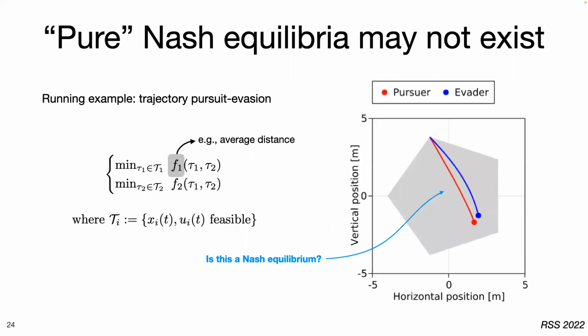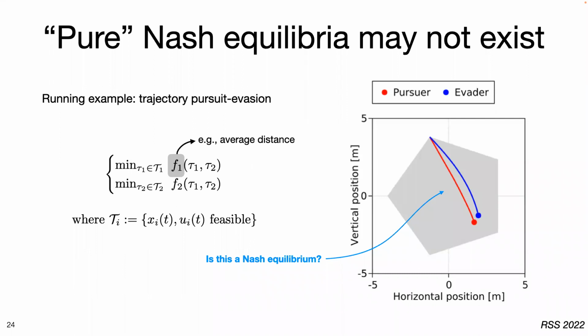Likewise, in these trajectory games that we think about maybe in the traffic setting, or here I'm showing a pursuit evasion game, there may not be a pure solution, a deterministic Nash equilibrium. Here I'm showing just some candidate equilibrium, where eventually the pursuer catches the evader.